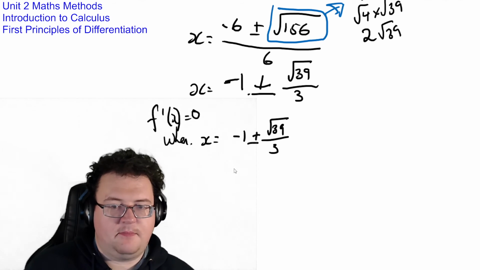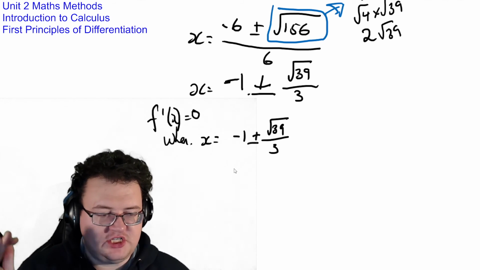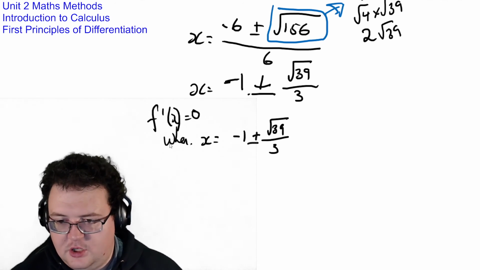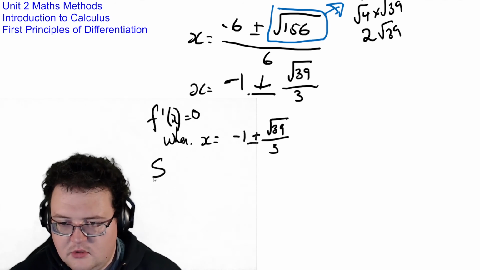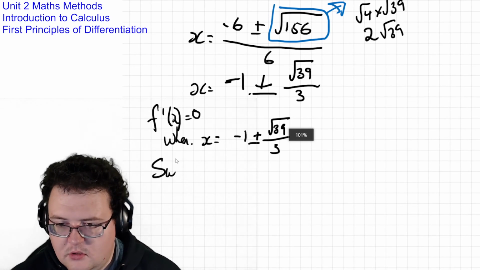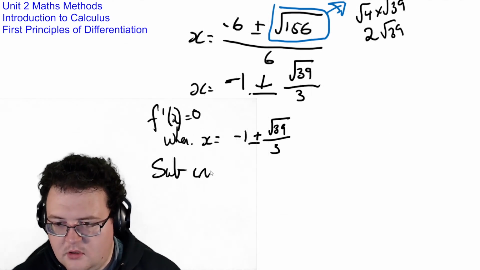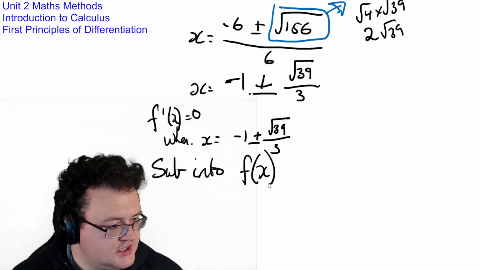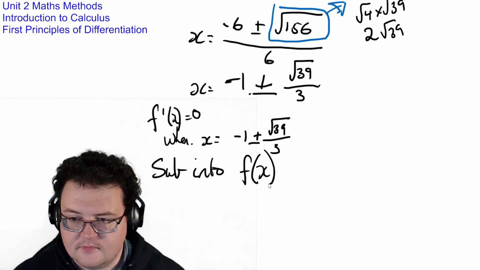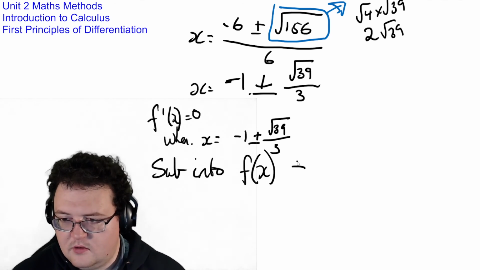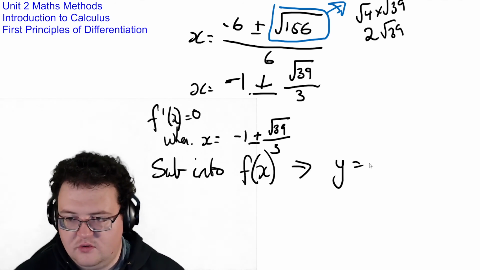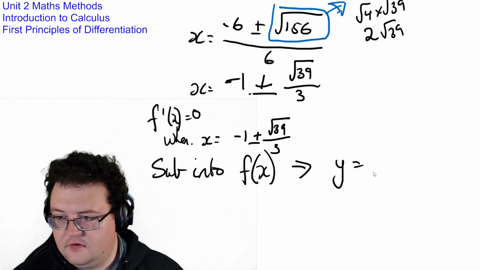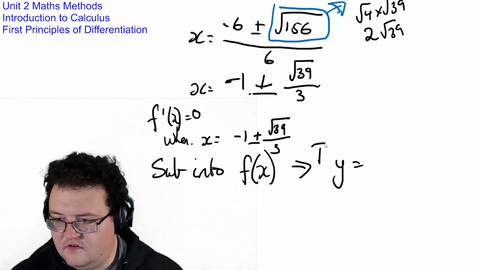And then you could sub those into the original equation to get the other value. So then you would sub into just normal f of x to get the y value for the turning points. So TPY.